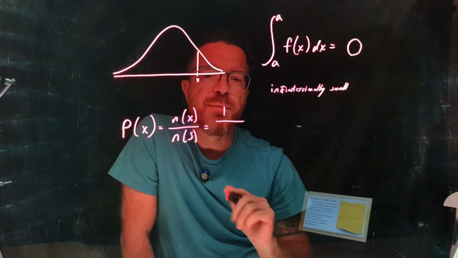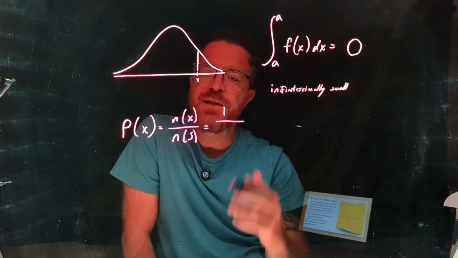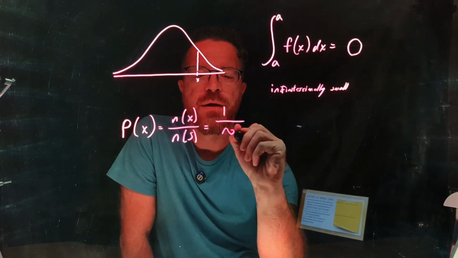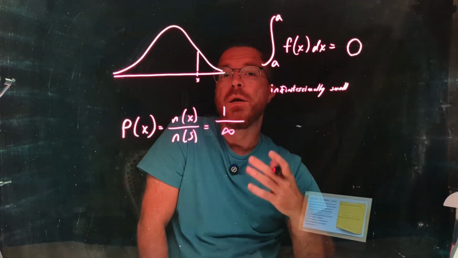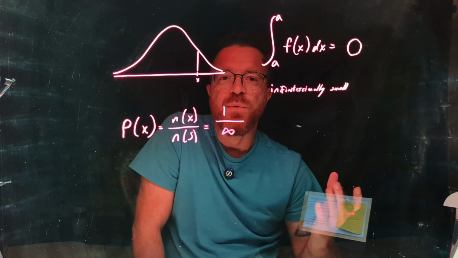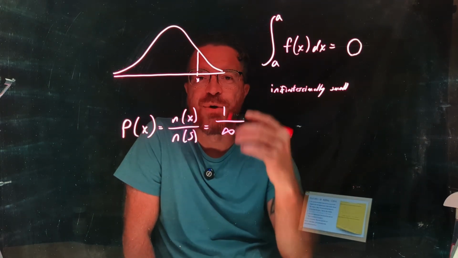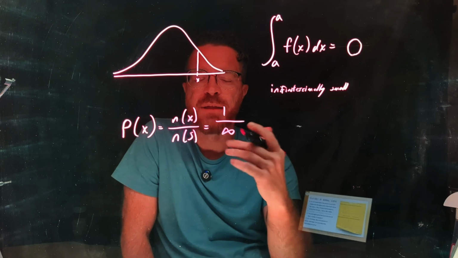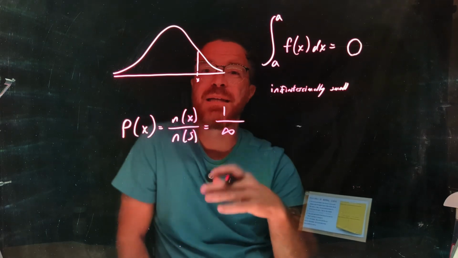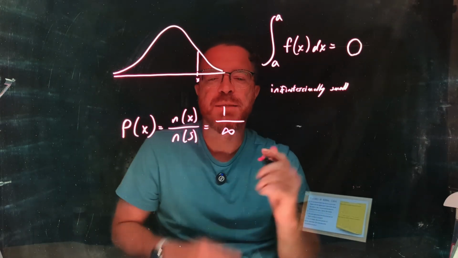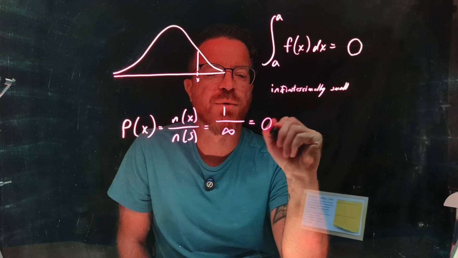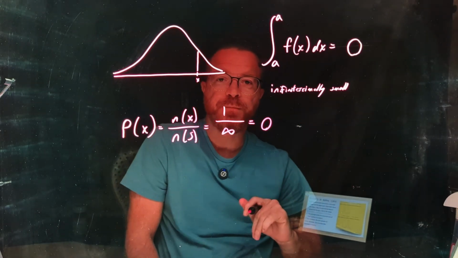But let's talk about the number of our sample space. Well, again, because it's continuous, there's an infinite number of outcomes. So you would end up with 1 over infinity, which you can't take, but if you could, using something like limits, it would basically be infinitesimally small. So we'll just say that it's roughly equivalent to 0.